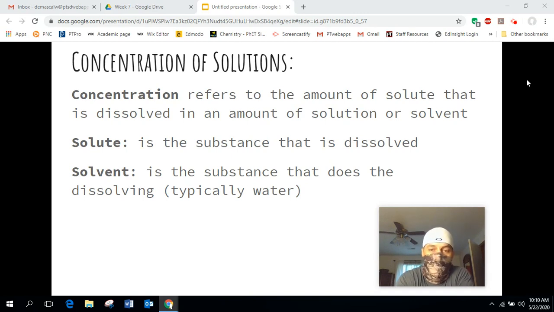I'll actually post a link in the same assignment that will show the process of dissolving. Water molecules have a positive end, which is a hydrogen end, and a negative end, which is the oxygen end.